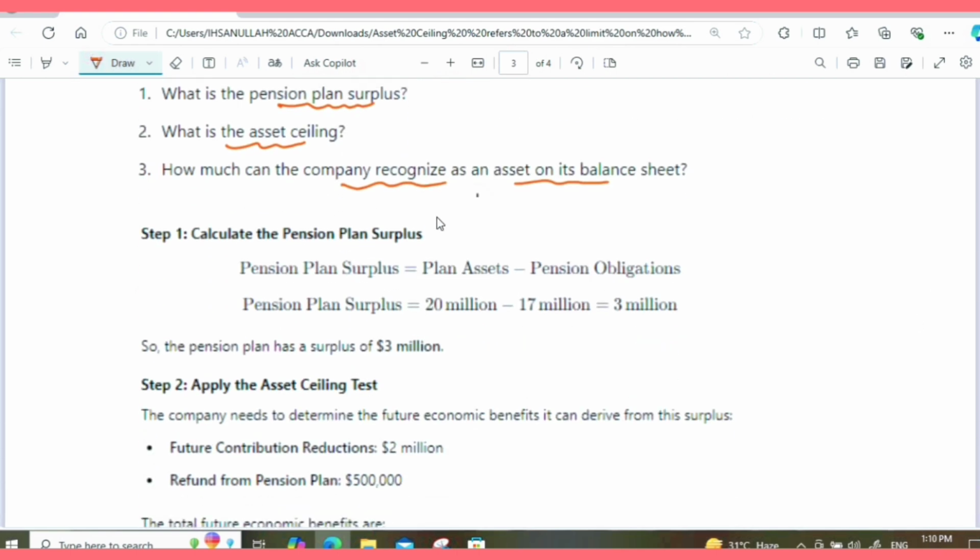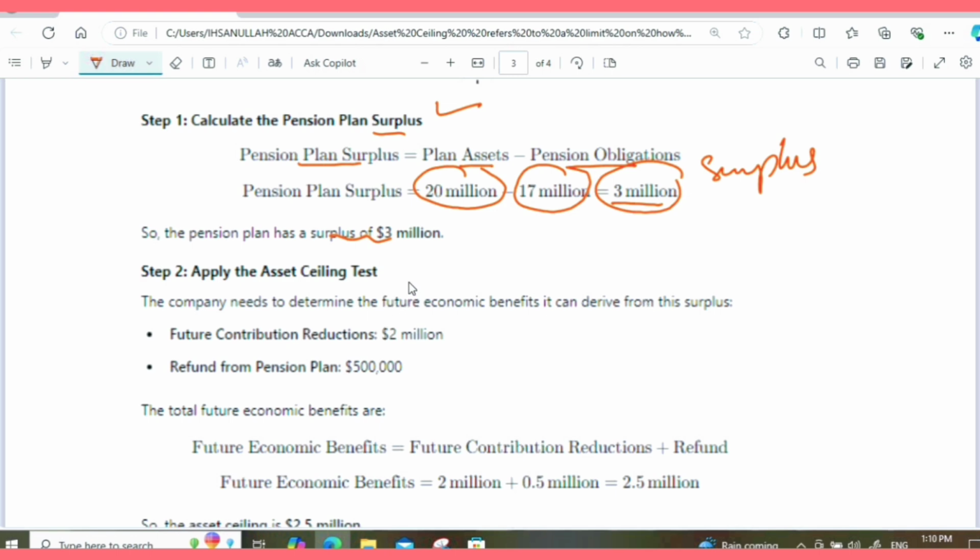The first thing you will calculate is the pension plan surplus from plan asset and pension obligation. Asset was 20, 17 was your pension liability, and 3 million is your surplus. But now you have to apply the asset ceiling to recognize the amount which actually benefits the employer. Applying the asset ceiling test, the company needs to determine the future economic benefit it can derive from this surplus.